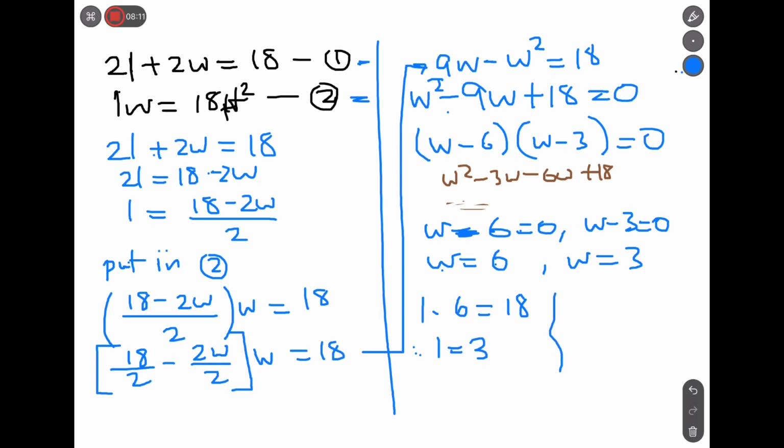If we look at the second part, if W equals 3, we put it into equation 2: L times W equals 18. If W equals 3, then L must equal 6. So we see that the longer side must equal 6.